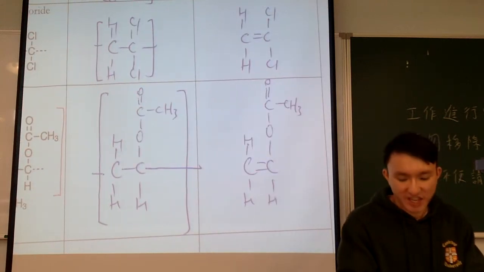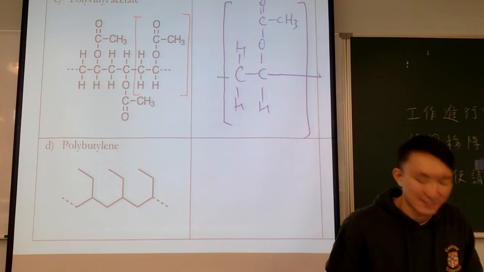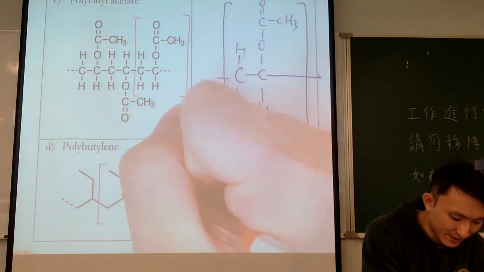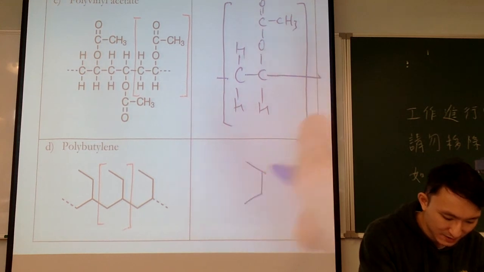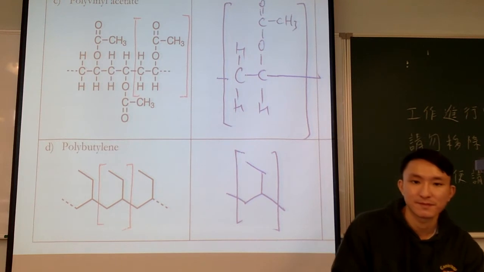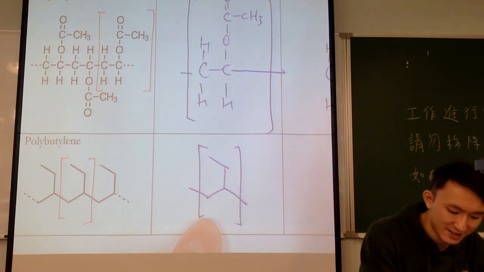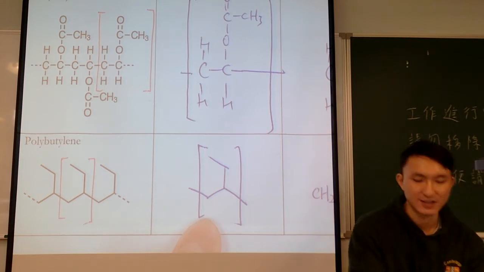The last one could be challenging because, again, you guys usually struggle with this kind of representation. So the repeating unit is here, and the monomer is actually like this.